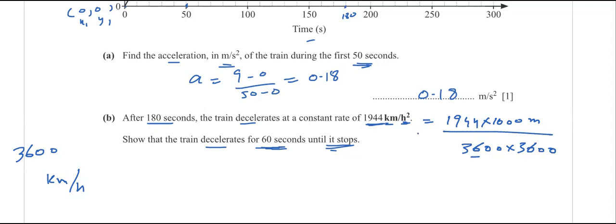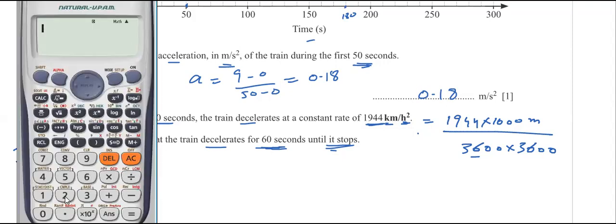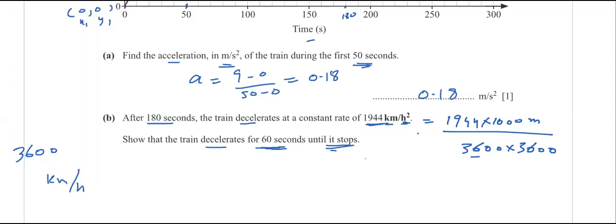So let me calculate that one. 1944 multiplied by 1000 divided by 3600 multiplied by 3600. It will give us 0.15.